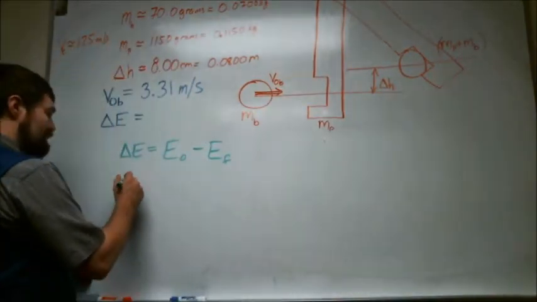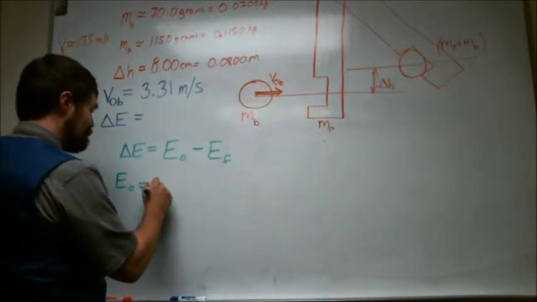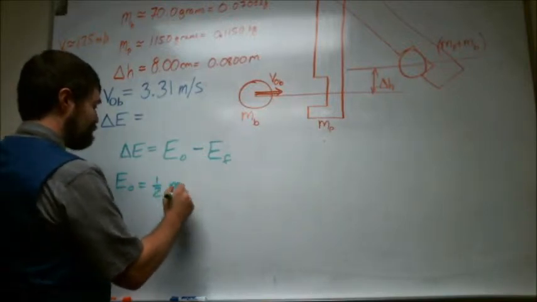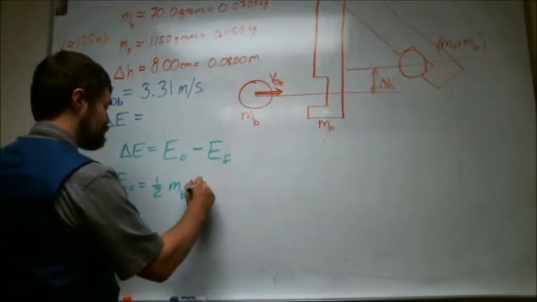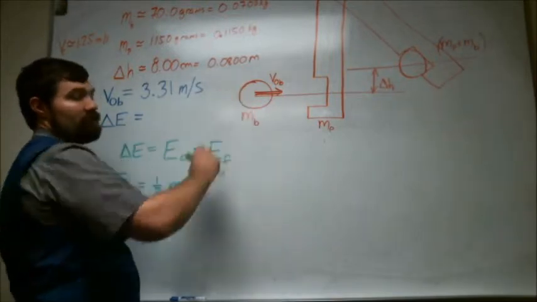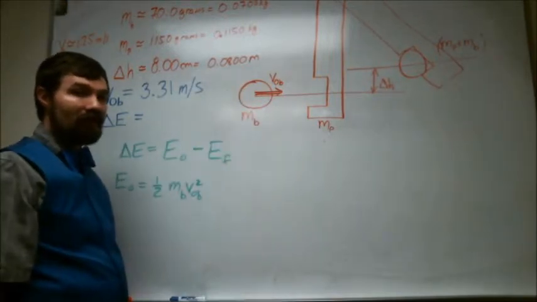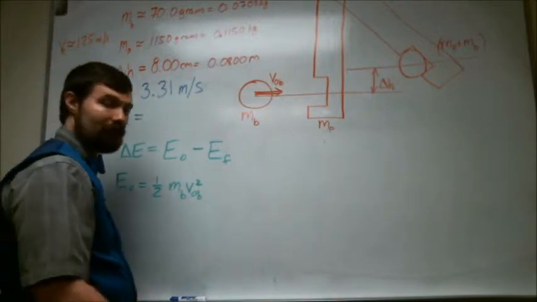So what that looks like is that E naught is going to be 1/2 times the mass of the ball times the initial speed of the ball squared. So that's because all the energy right now is in the ball or in the bullet, and it's all kinetic energy.